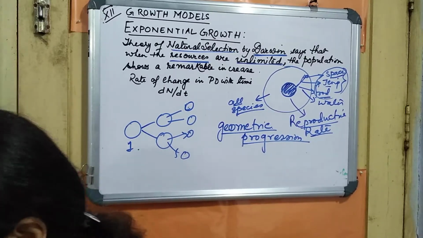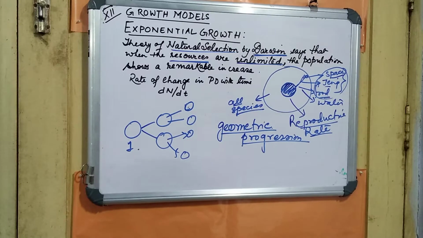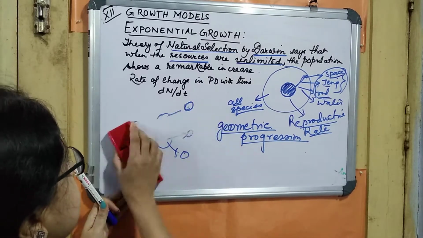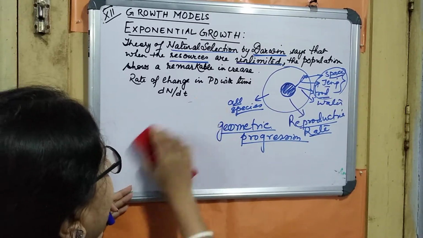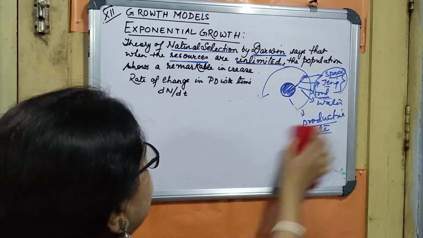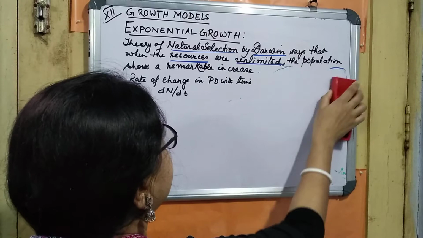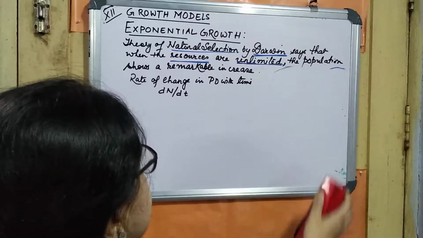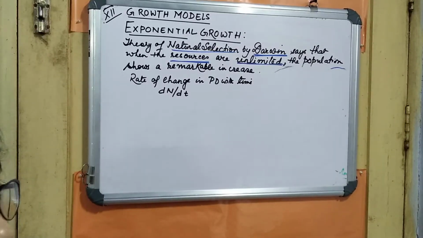So here, if we first try to express this and plot it in a graph, what shall we do? Suppose we take the rate of population density. What is population density, we know.